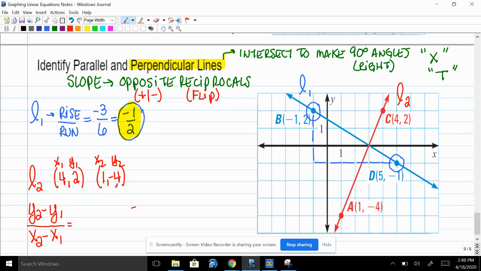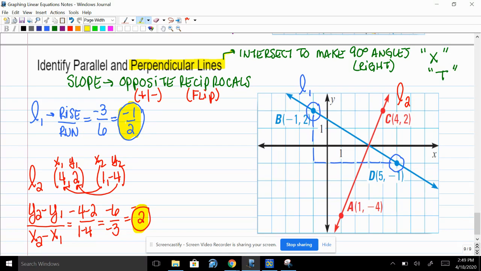So y2 minus y1 would be 4 minus 2 on top of x2 minus x1, 1 minus 4. 4 minus 2 is 2. 1 minus 4 is, oh, wait, I made a mistake. -4 minus 2. Sorry about that. Okay, so -4 minus 2 is -6 on top of 1 minus 4, which is -3. Negative divided by a negative makes a positive, so my answer there is 2. So your slope there is 2.